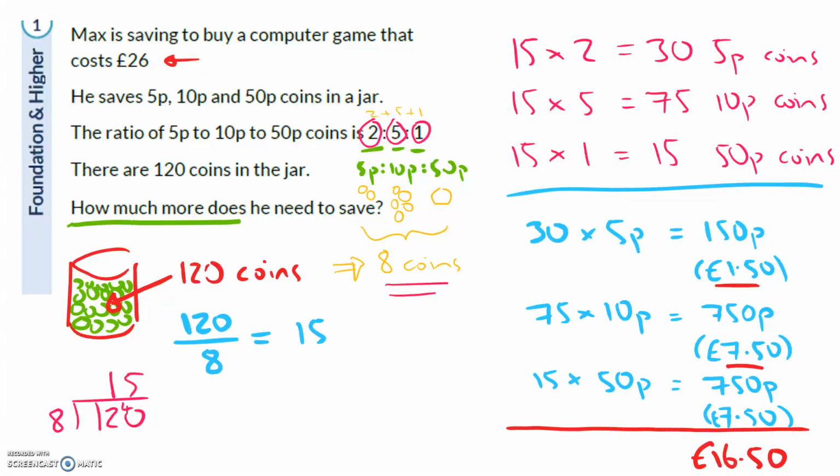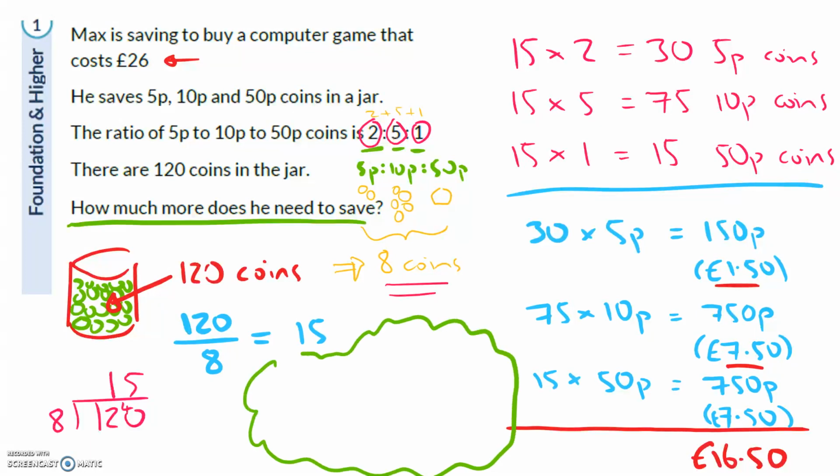Right, what was the question? How much more does he need to save? Okay, this is the worst setting out in the world. Try not to make your exam paper look like this. He's got £16.50 in the jar. The game costs £26. How much more does he need to save? Well, it looks to me like we need to do £26 take away what he's already got, take away £16.50.